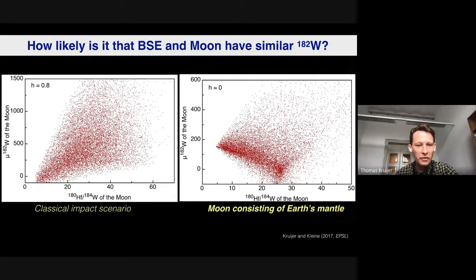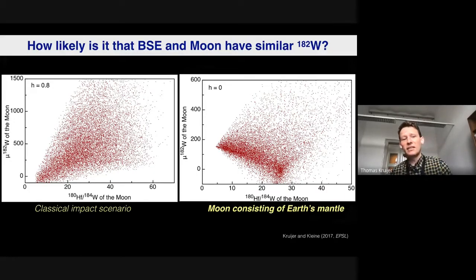This is a plot of the predicted tungsten isotope composition of the Moon and hafnium-tungsten ratio of the Moon for two different scenarios: a classical impact scenario and a scenario more prevalent in these modified impact scenarios where the Moon mostly consists of the Earth's mantle. And what you see is that in both cases, for the composition of the Moon, you generate a very broad field of compositions with very different 182 tungsten compositions.